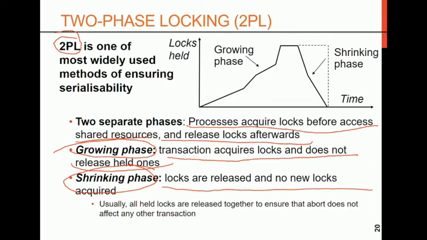Here it says at the end, all held locks are released together to ensure that an abort does not affect any other transaction. In the growing phase, you've got several resources and you lock all of them, and you don't release any of them until you've completed whatever you need to do with each and every one of them. Even though I've completed access to this first resource here, once I get to this resource, something wrong might happen.